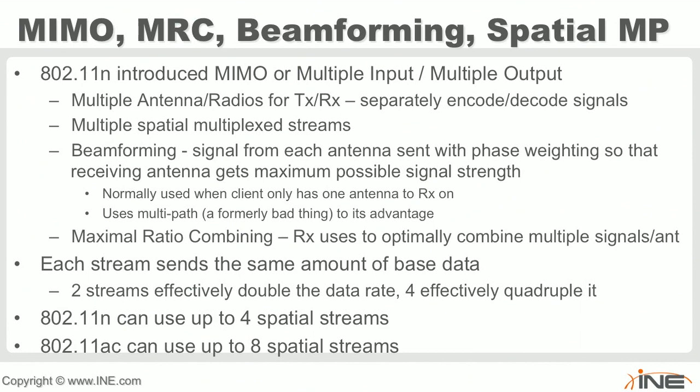Maximal ratio combining, or as we'll refer to it from now on, MRC, is typically when the client has multiple antennas to receive multiple signals and then demux those multiple spatially multiplexed streams. It can be a mouthful to talk about 802.11n. Each stream, like I said, essentially sends the same amount of base data. 2 streams could effectively double the rate. 4 streams can effectively quadruple it.